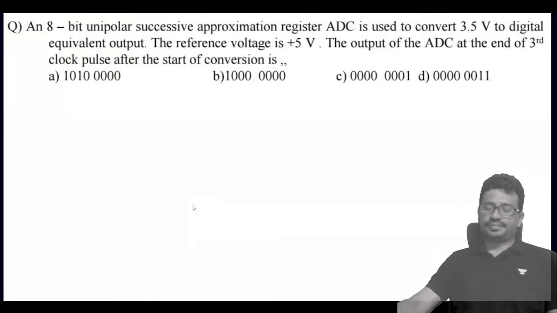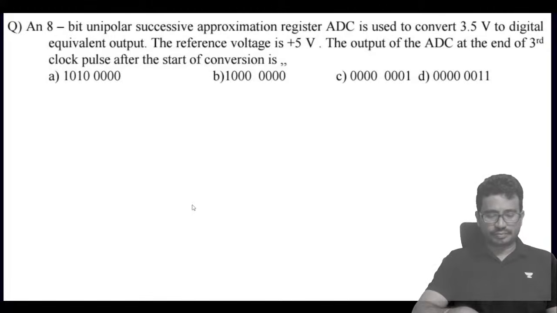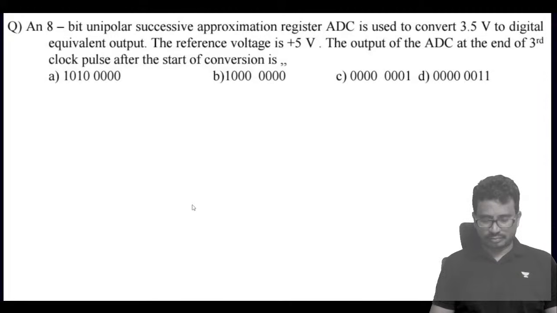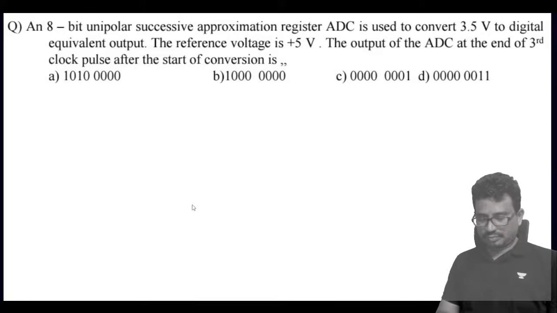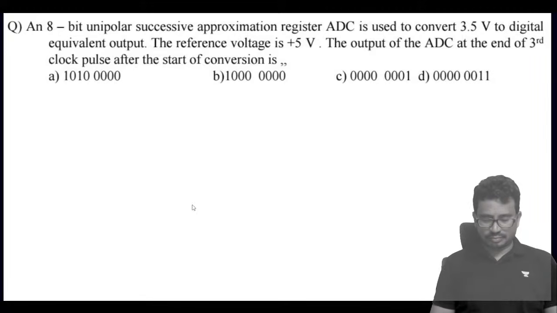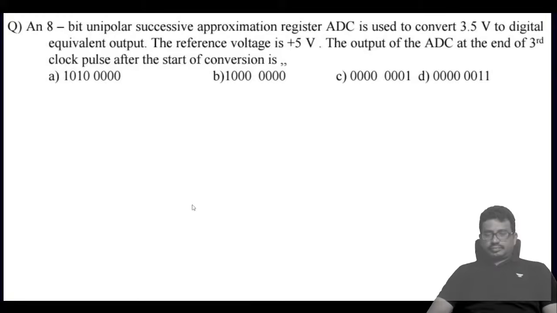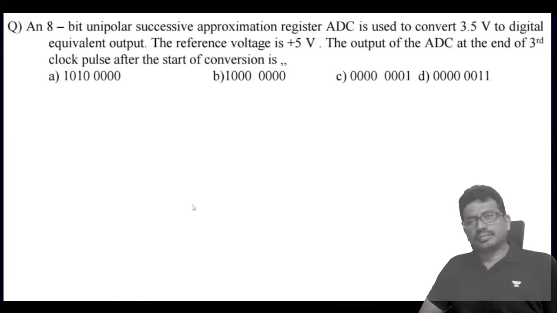Take this problem. An 8-bit unipolar successive approximation register ADC is used to convert 3.5 volts to digital equivalent output.